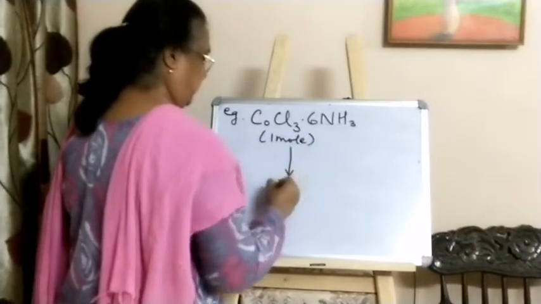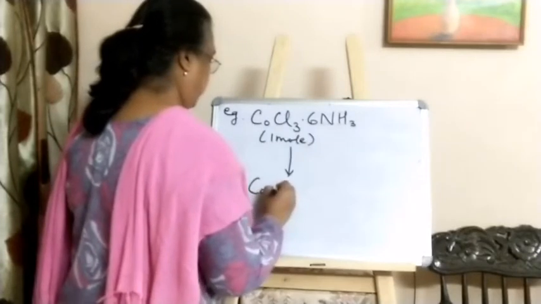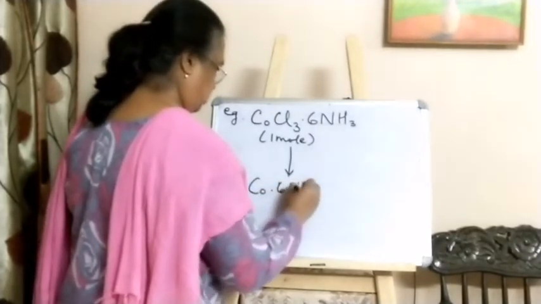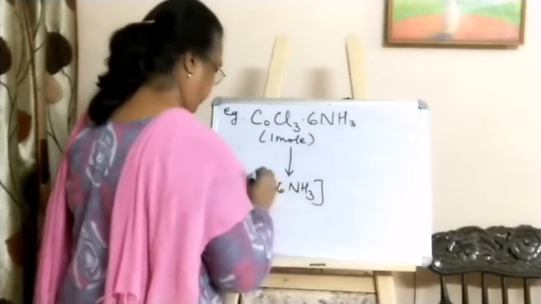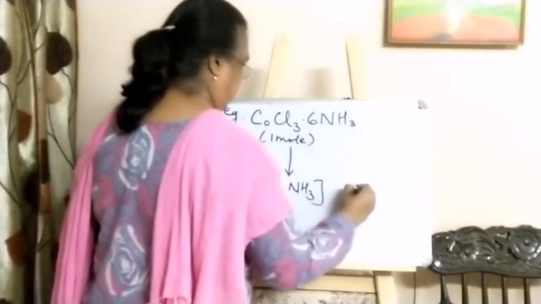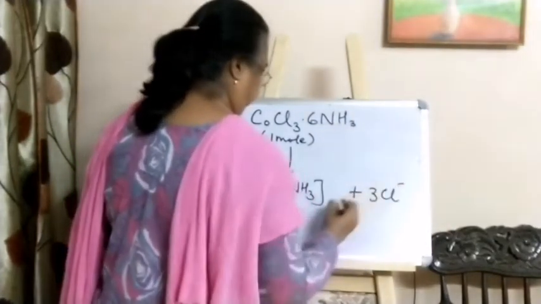When this is put up in water, what they found is that cobalt remains attached to the 6 molecules of ammonia. This part was not dissociated, and 3 chloride ions were separated.